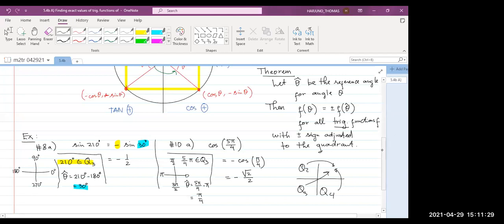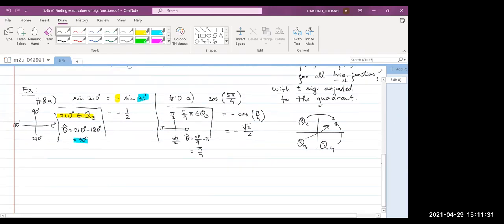Let's say question number 16. One more. Okay, question number 16. What is secant 135 degrees? Now that is equal to 1 over cosine 135 degrees. And then 135 degrees is in quadrant 2, right?